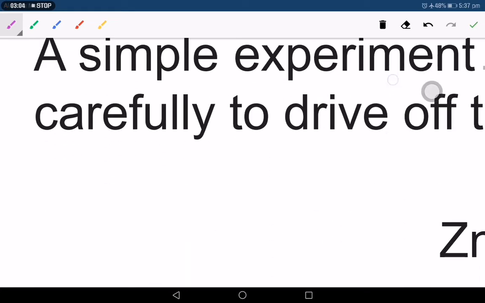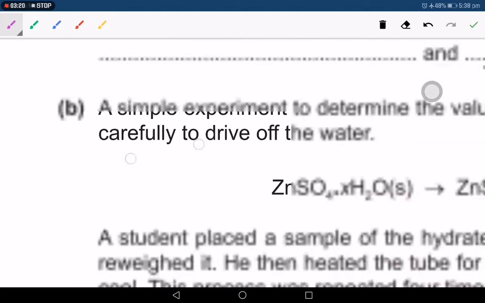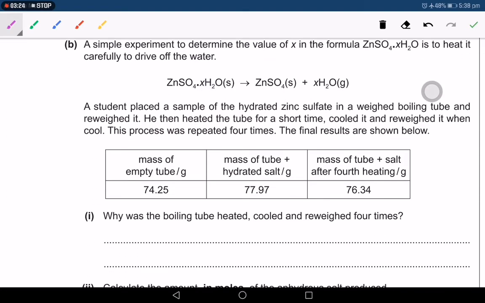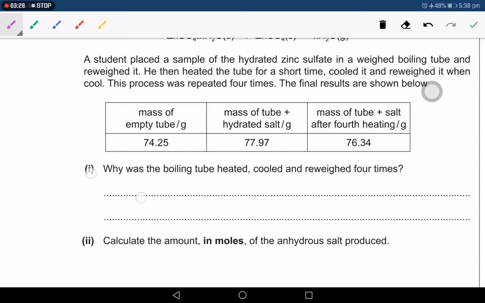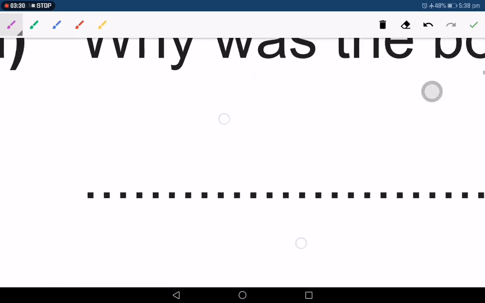A simple experiment to determine the value of x in the formula ZnSO4.xH2O is to heat it carefully to drive off the water. Just make sure you don't heat it so much that it melts. A student placed a sample of the hydrated zinc sulfate in a weighed boiling tube and reweighed it.